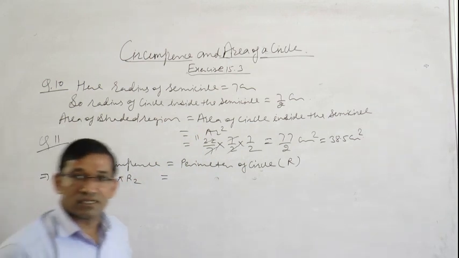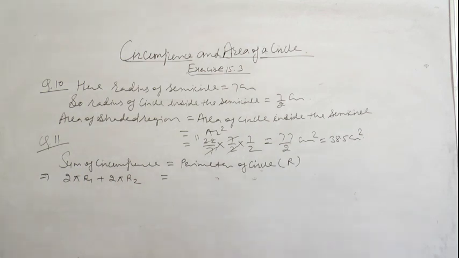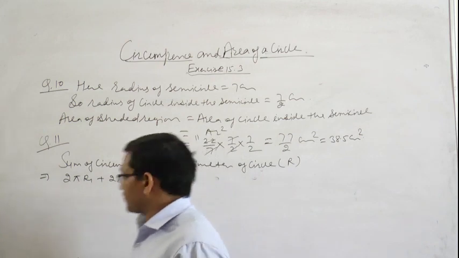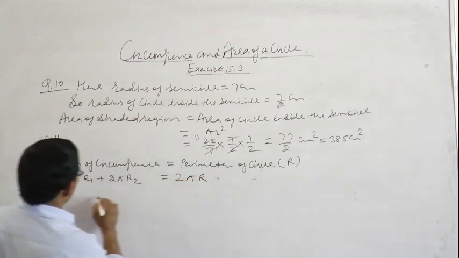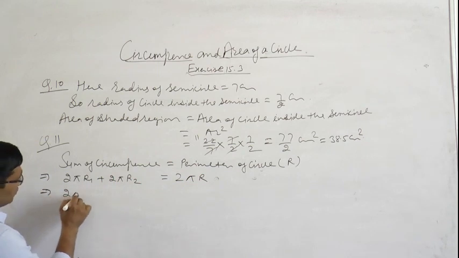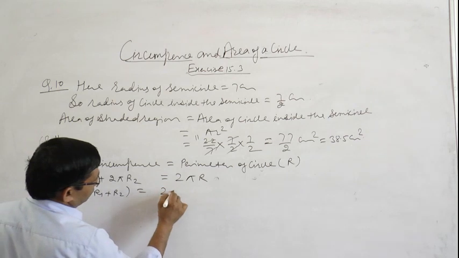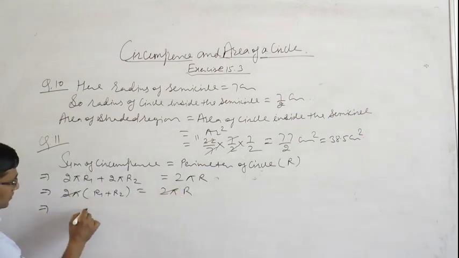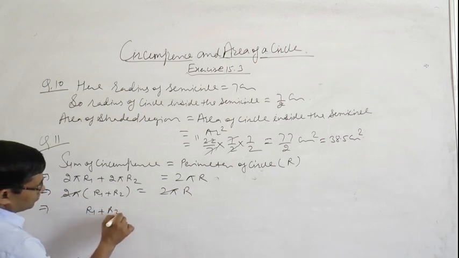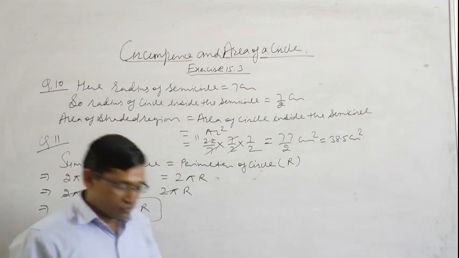Perimeter and circumference both are same. So perimeter of circle is 2 pi r. We get common 2 pi, remain r1 plus r2, equal to 2 pi r. 2 pi cancelled by 2 pi, result is r1 plus r2 is equal to r.